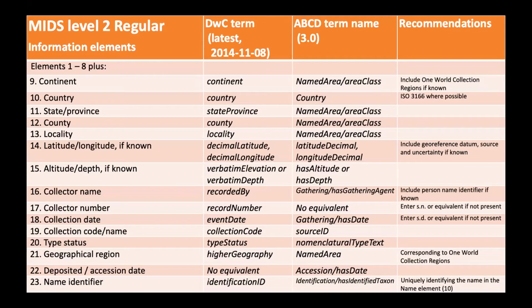And there might be nuances, I suppose, in collections where that sort of thing has a specific nuance in a specific kind of specimen. Name identifier, there's a small error in the slide. That's actually name element 8 on the previous slide, which is the kind of name it is.